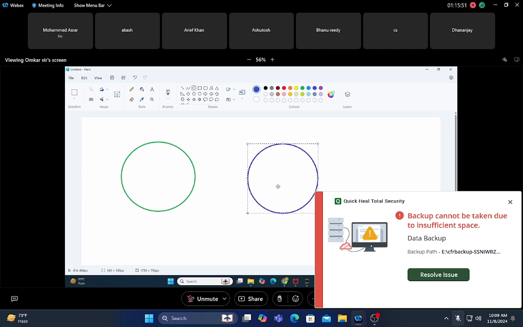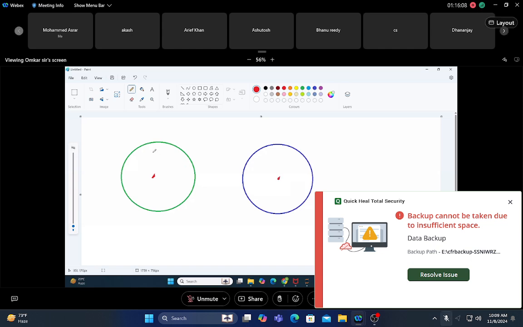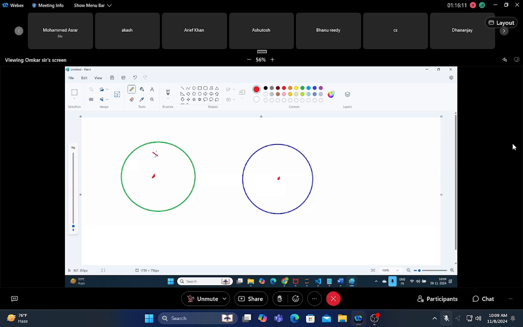In cluster 1 there will be some data points, x1, x2 and x3. And in cluster 2 also some data points are there, x4, x5 and x6.